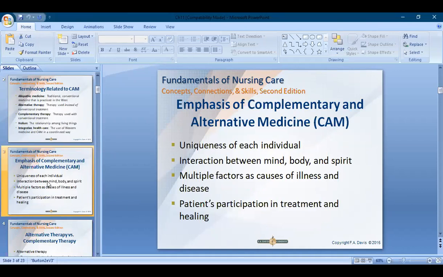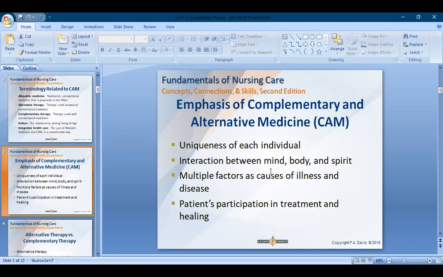And here is the emphasis of complementary and alternative medicine. First of all, it is very unique to each individual, the interaction between mind, body, and spirit.